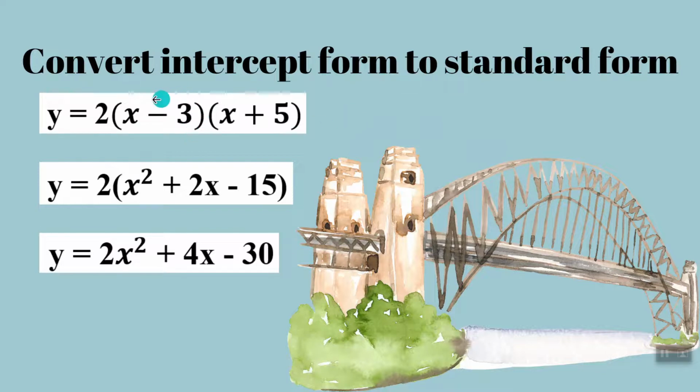So first of all, I will start with these two parentheses. When I distribute x and minus 3, I will get x squared plus 2x minus 15. As the last step, I will also distribute 2. When we distribute 2 into the parentheses, our result will be 2x squared plus 4x minus 30, which is equal to our function.